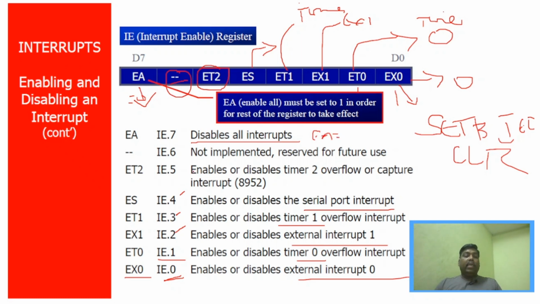And as I said, this is for future use, and this is for timer 2, which is not for the 8051 purpose, where we will use it as a capture interrupt in the 8052, right? We don't need this information as of now. So this is the interrupt enable register.